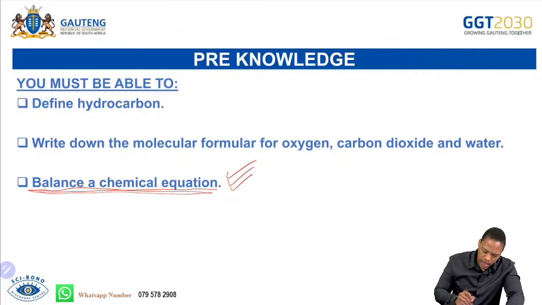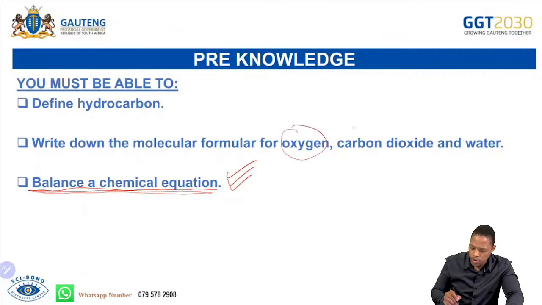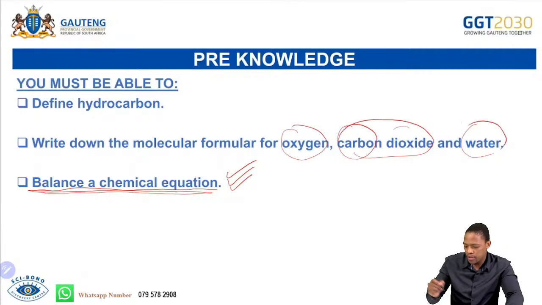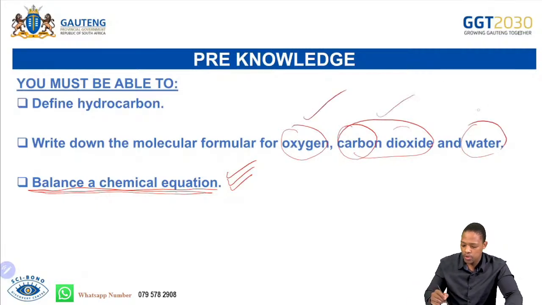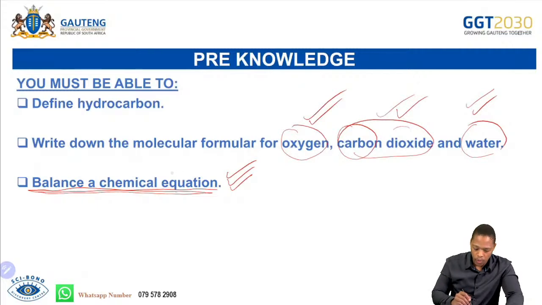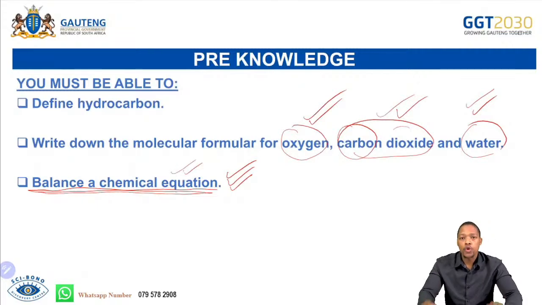And we cannot write chemical equations without being able to write chemical formulas for such compounds or even atoms: oxygen, carbon dioxide, and water. If you are able to do this, you should be fine for today's lesson. But if not, we're going to try and help you remember all those things and how to do them.